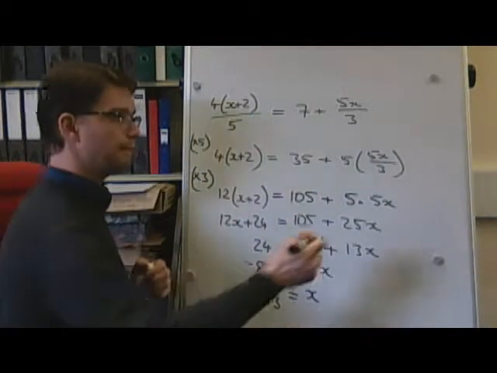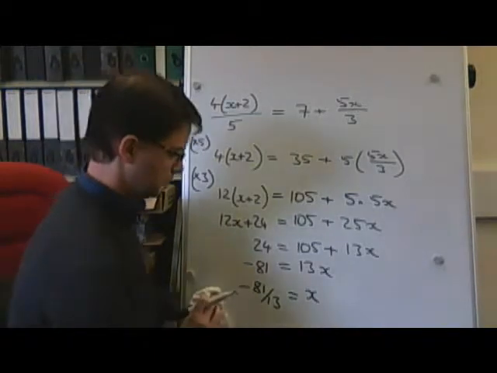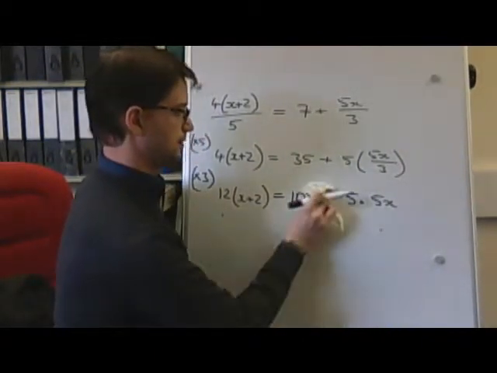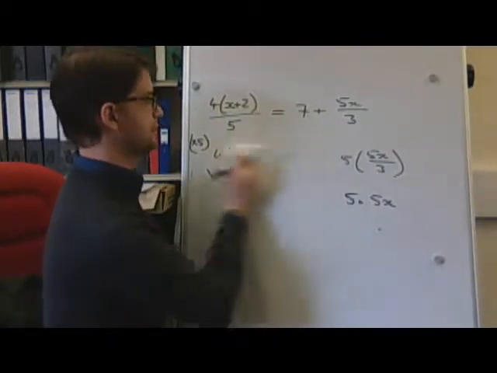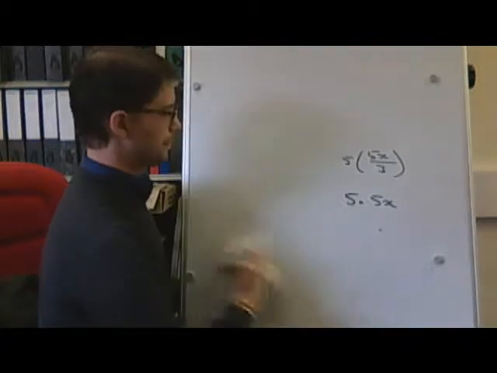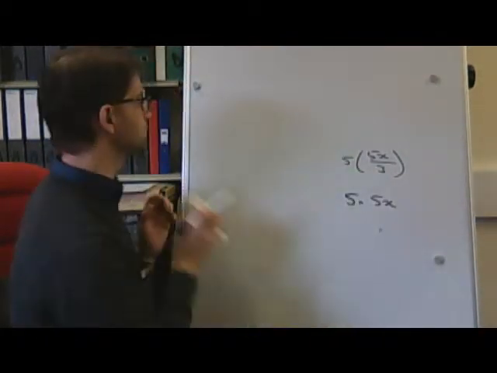I promised to come back and look at this a little bit. Just want to explain that a bit more. The bit I want to explain is how did this become this when I multiplied it by 3?